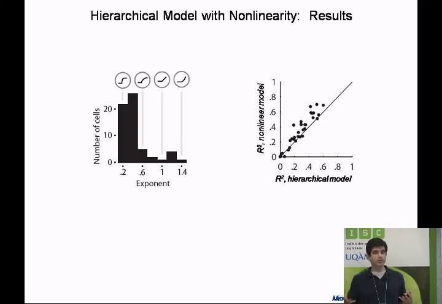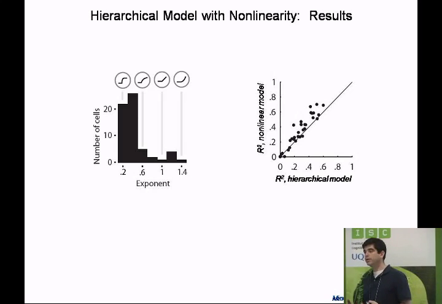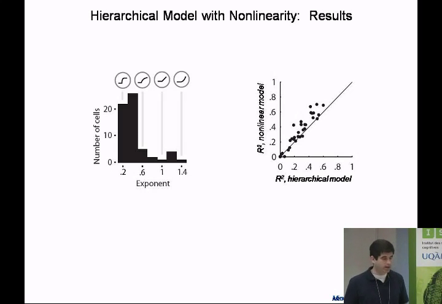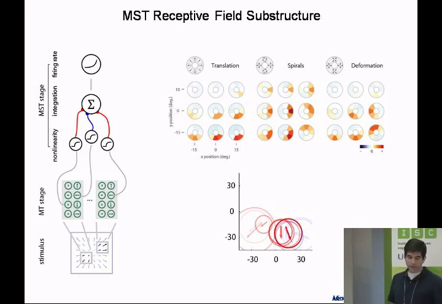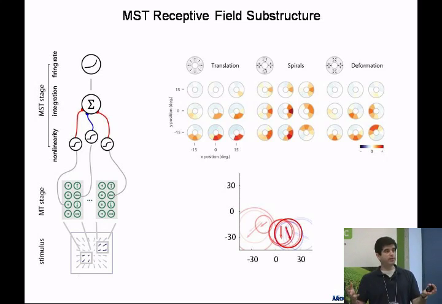There's nothing about just adding parameters that gives you a better model. This is a cross-validated fit, which means that it only gives you a better fit if it actually is structurally important for the model to work. So having done that, we now have a model that we think at least qualitatively captures the main features of the data. It's selective for the right kind of stimulus, and it's invariant with respect to changes in that stimulus.